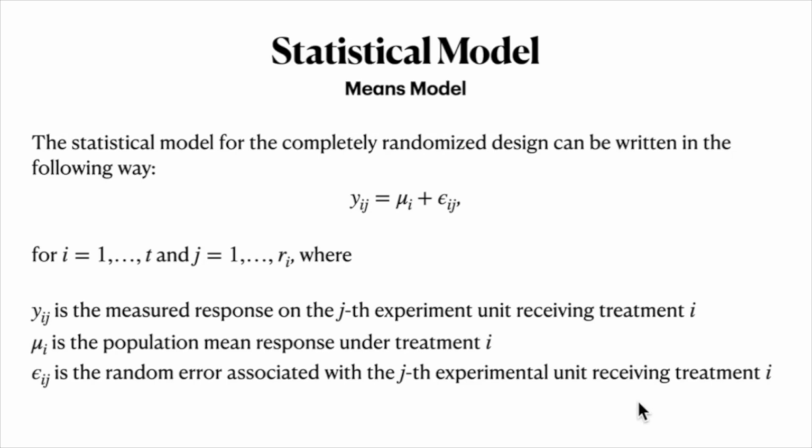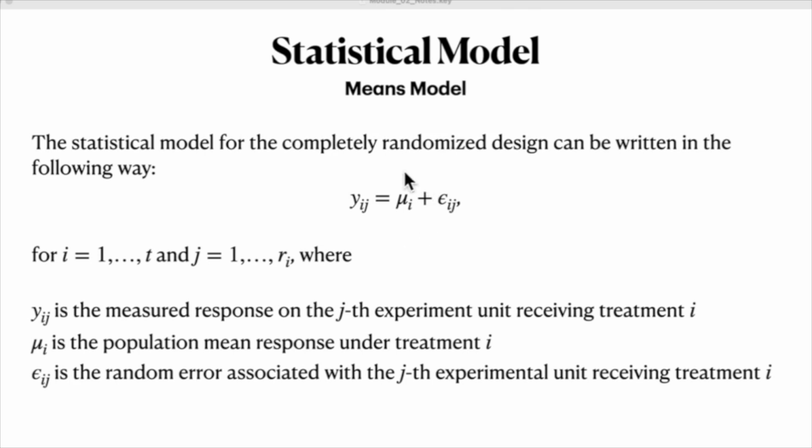All right? The reason they don't is because even though experimenters strive to have homogeneous experimental units, they're not completely homogeneous, and the differences that they do have impact the way that the experimental units respond to the treatment. And so because of that, there's variability in the responses of the experimental units that are receiving treatment i.